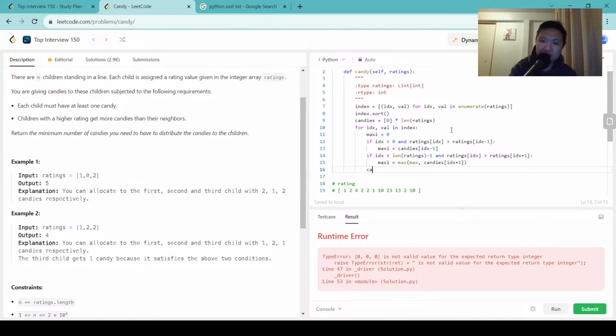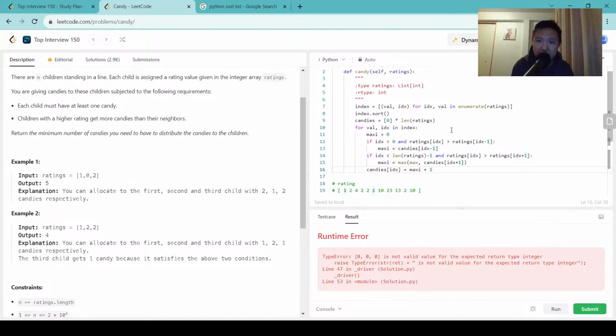So, well, sorry, not ratings. Candies idx. Oh, interesting. So it's not index and value. Is it idx and value? I want value first. So this should be value first and then idx. Okay. x equals to maxi plus 1.